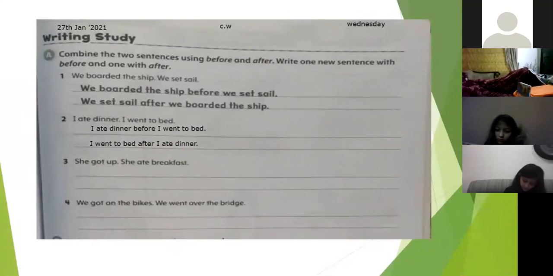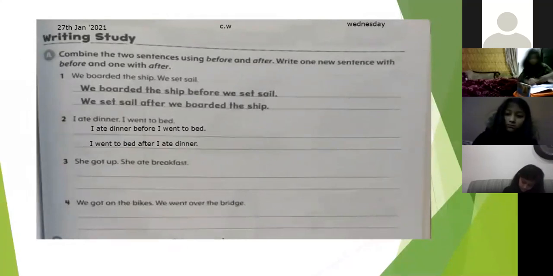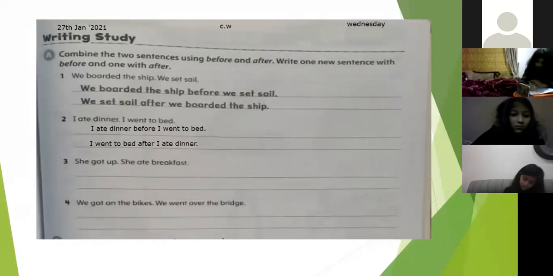So when you use the word before in a sentence, then you use the first sentence as it is and then before and then the last sentence. But when you'll be using after in the sentence, then the last sentence will come at first and first sentence will go in the last. Okay? I went to bed after I ate dinner and I ate dinner before I went to bed. Both mean the same, but before and after is changing the order of the sentence.